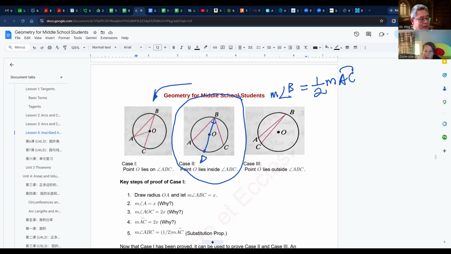Angle ABC is equal to half of the arc of AC. Why is that? We're going to prove that.